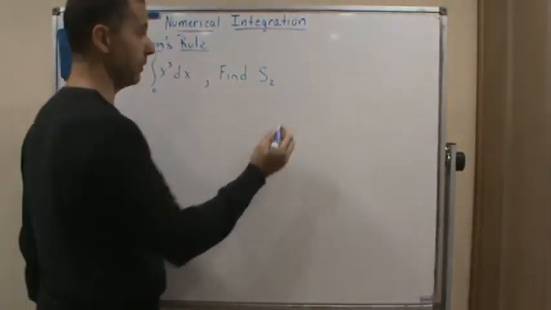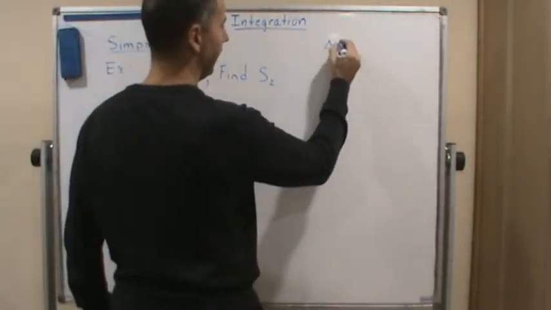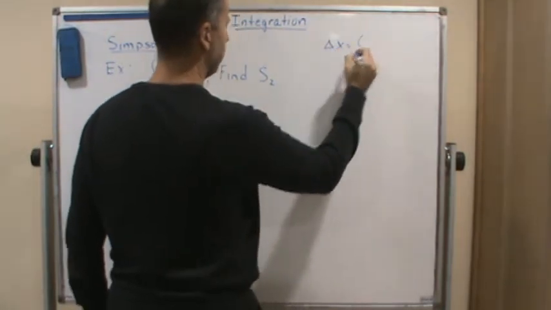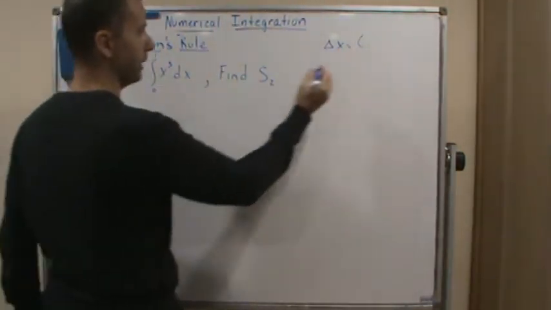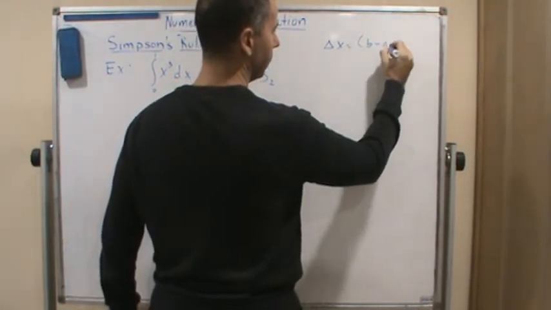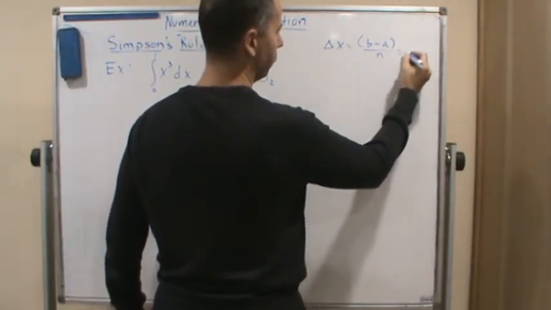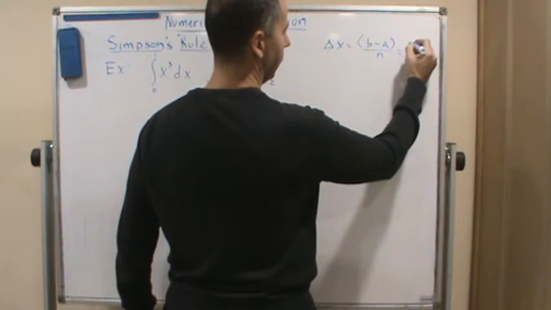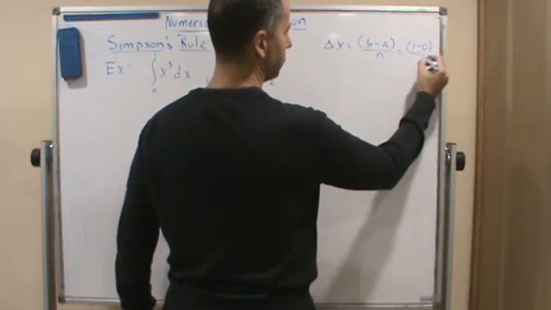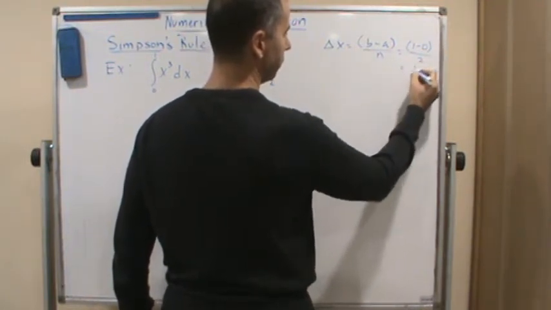So we want to find our subintervals. So delta x, of course, is again from a to b. So it's b minus a over n, which in this case is going to be 1 minus 0 over 2, which equals a half.